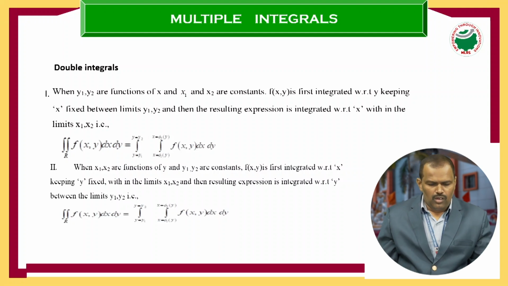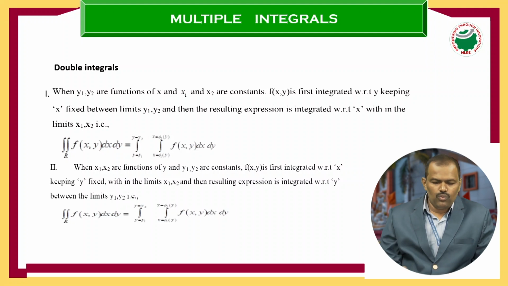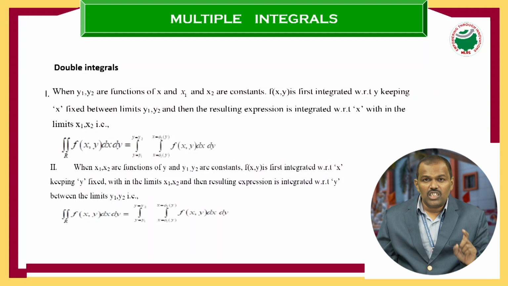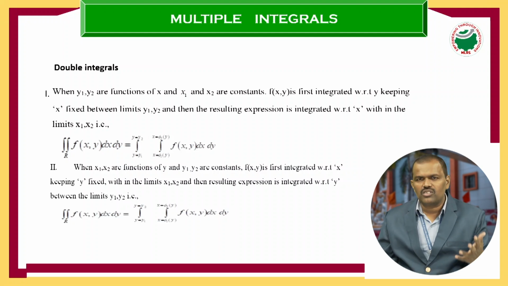First case: y1, y2 are functions of x, and x1 and x2 are constants. Then the function f of x comma y is integrated with respect to y first, because y1 and y2 are functions of x.